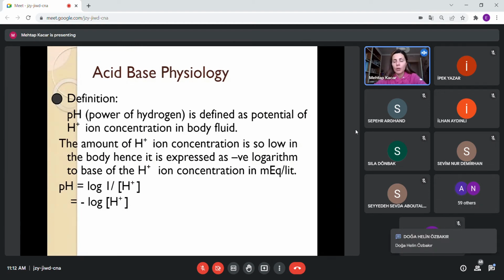The hydrogen ion concentration in our body is so low that it is expressed as a logarithm, to base 10, of the hydrogen ion concentration in milliequivalents per liter. You can see the pH formula: the negative logarithm of hydrogen ion concentration gives us the pH value.